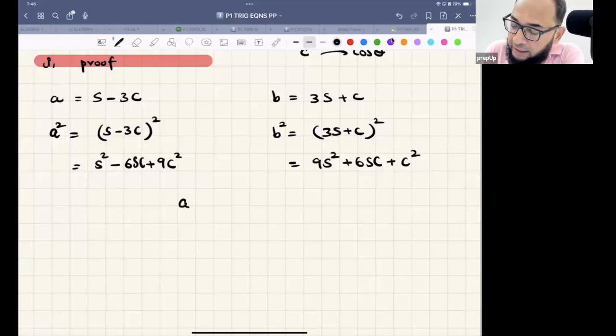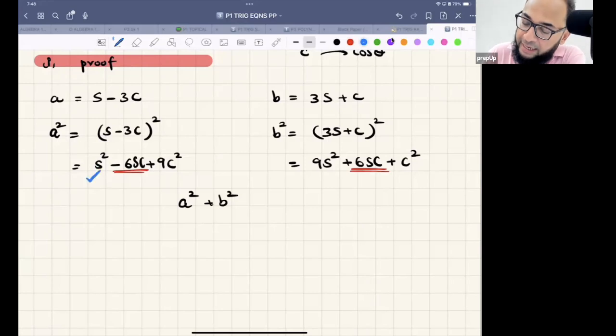Now if I add a square plus b square, what will happen? This negative 6sc and this positive 6sc will cancel. S square will be added to 9s square, that is 10s square, and c square will be added to 9c square, that is 10c square. So therefore, I'll take 10 common out.